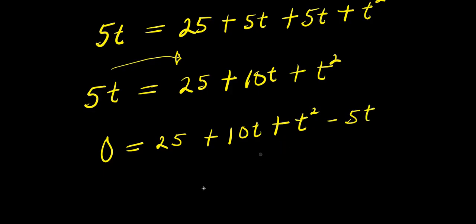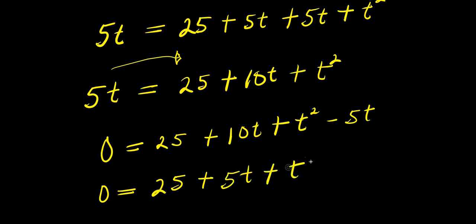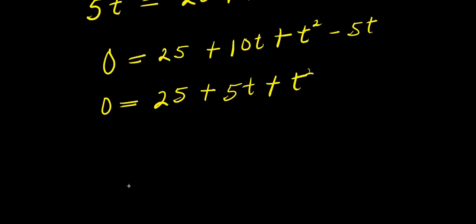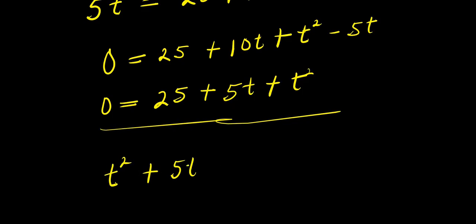Now we have 0 equals 25 plus 10t minus 5t, that is 5t, plus t squared. So let's rearrange this whole equation. That means we have t squared plus 5t plus 25 equals 0.